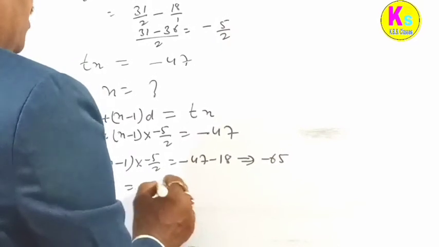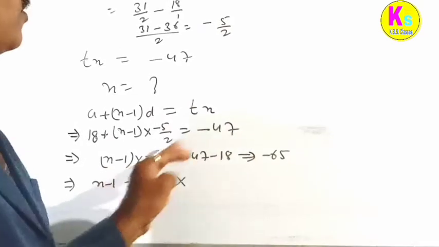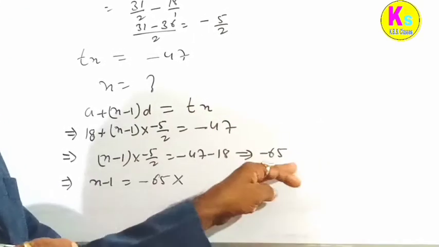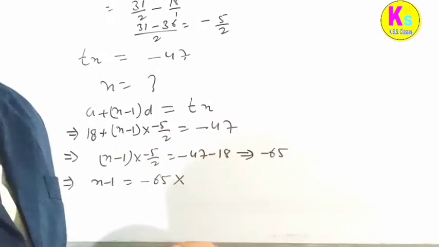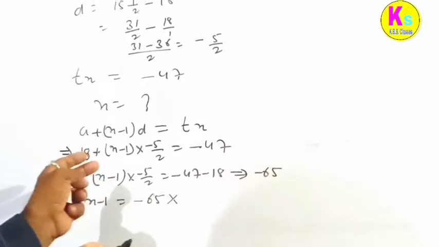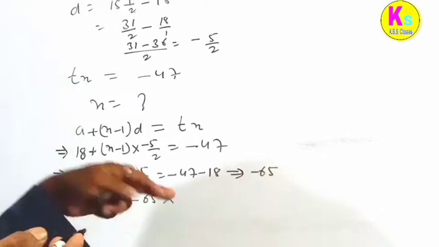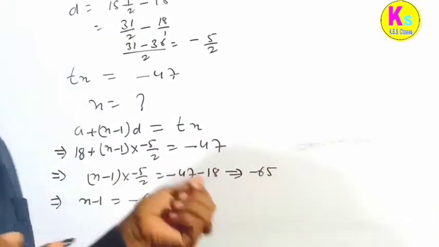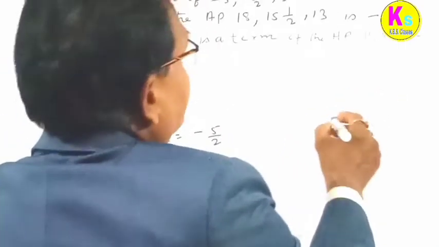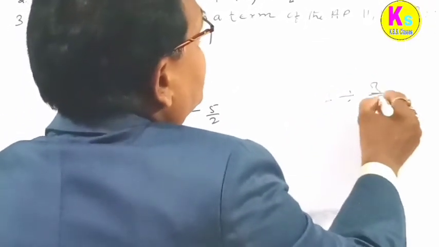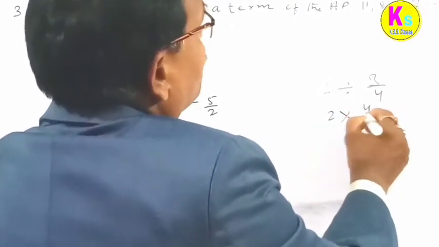So minus 65 into. I told you that when this goes to the right hand side it will change into divide, but I have written here again into. You may ask, when it is divided, why have you written the multiplication sign? That is not the problem. You know that in fractions, suppose 2 divided by 3 by 4, how will you write? 2 into 4 by 3.